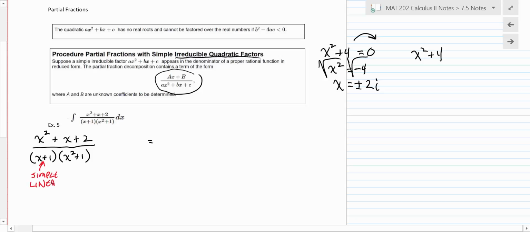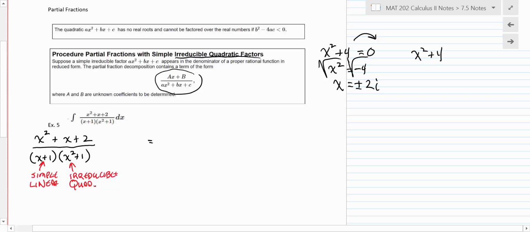X squared plus 1, does that factor any further? No, that is an irreducible quadratic factor. If you have a quadratic expression and it does not factor any further, that's an irreducible quadratic factor.